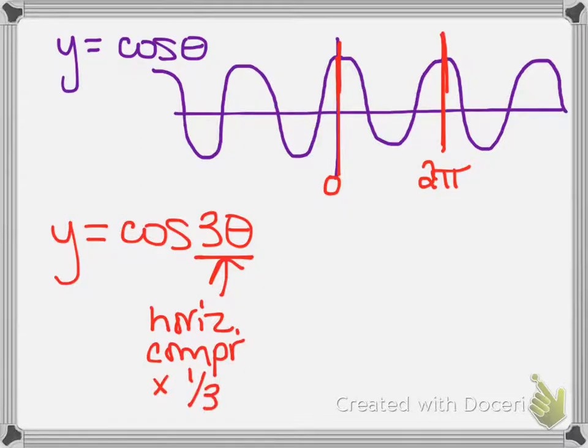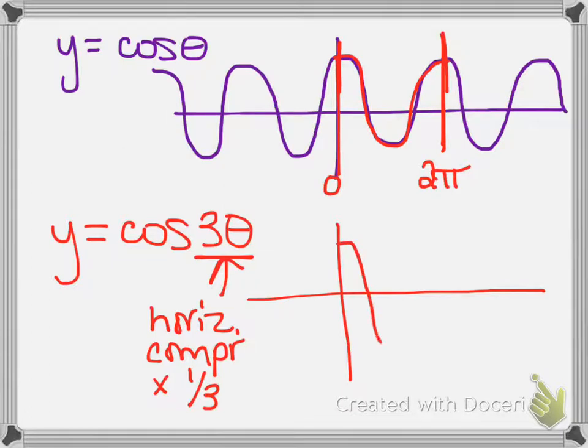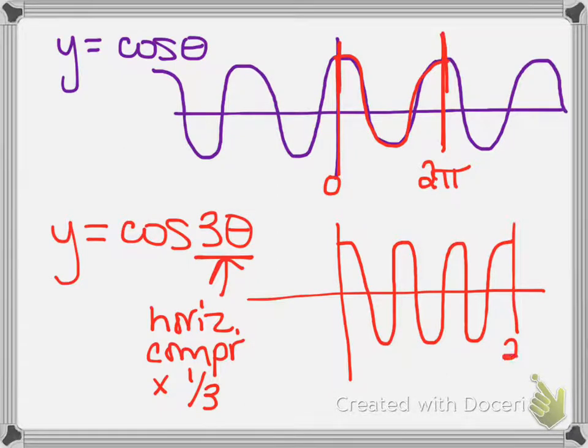And so that means horizontally, your graph is going to become a third as long horizontally. It's going to become much, much skinnier. And so what that means for our cosine graph is that instead of only fitting one cycle between 0 and 2 pi, we're now going to fit 1, 2, 3 cycles between 0 and 2 pi.